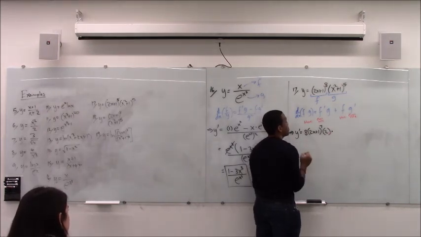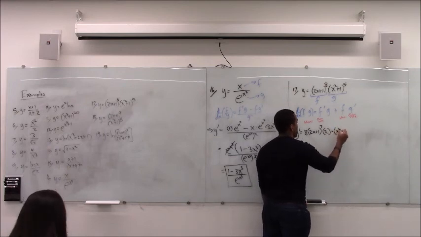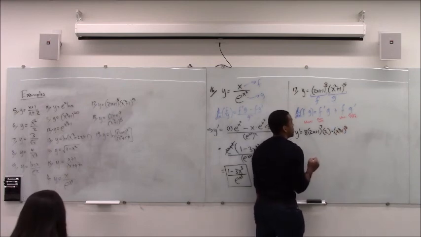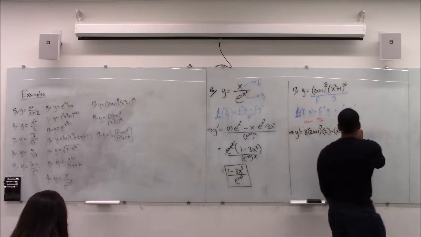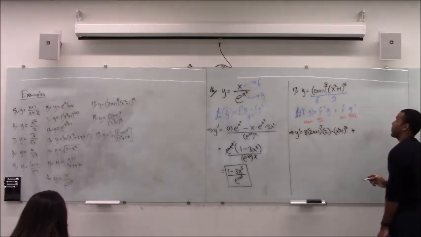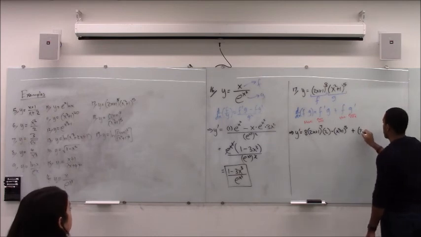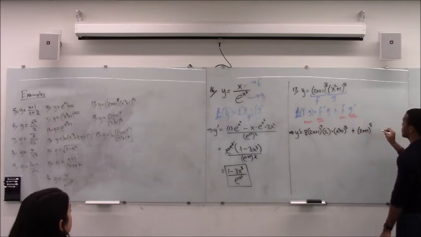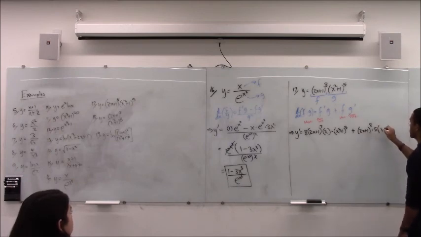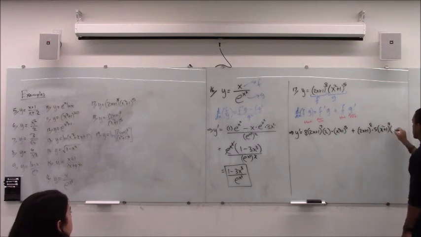Times x squared plus 1 to the 5th. Plus 2x plus 1 to the 8, times 5 times x squared plus 1 to the 4th times 2x.